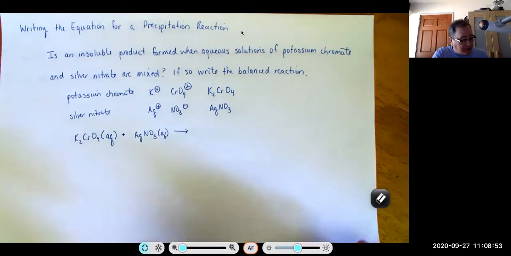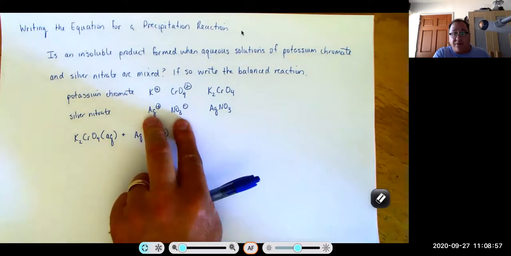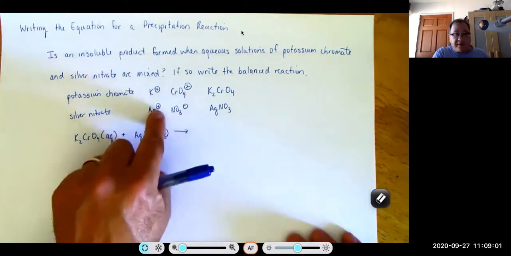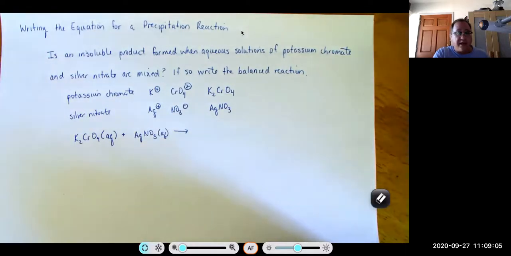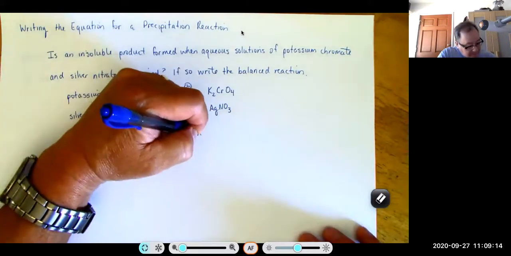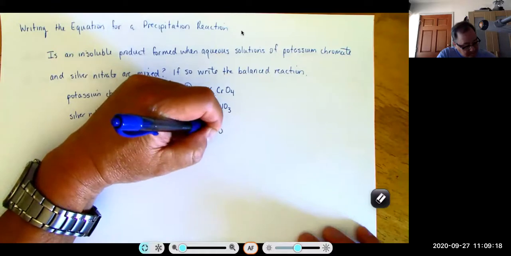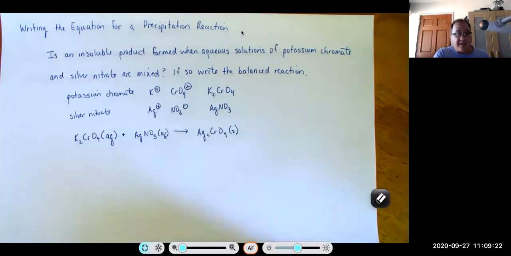So I already know that this cation and this anion are soluble, so that means it will not form a solid in water. But what about silver and chromate? Well, if I look at the solubility rules, there's no rules for silver, and there are no rules for chromate. So therefore, if it's not soluble, then it's insoluble. So that's going to be the solid or the precipitate in this reaction.